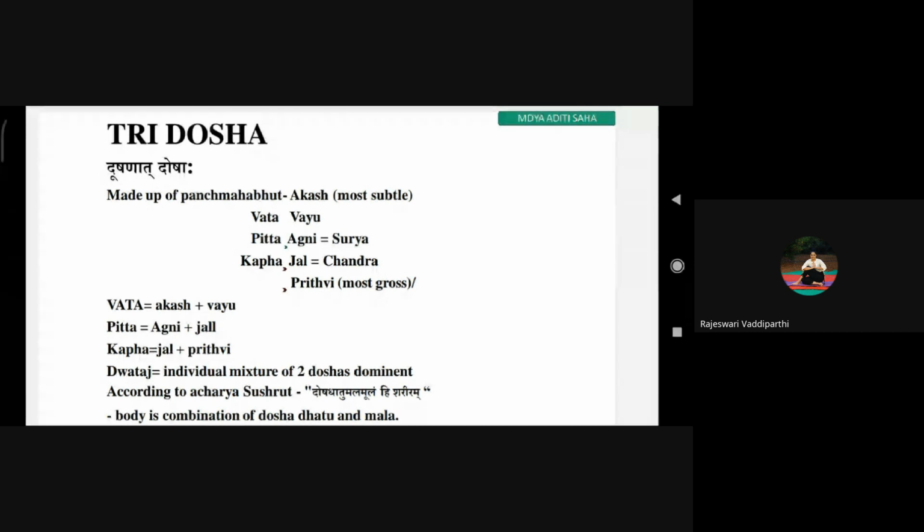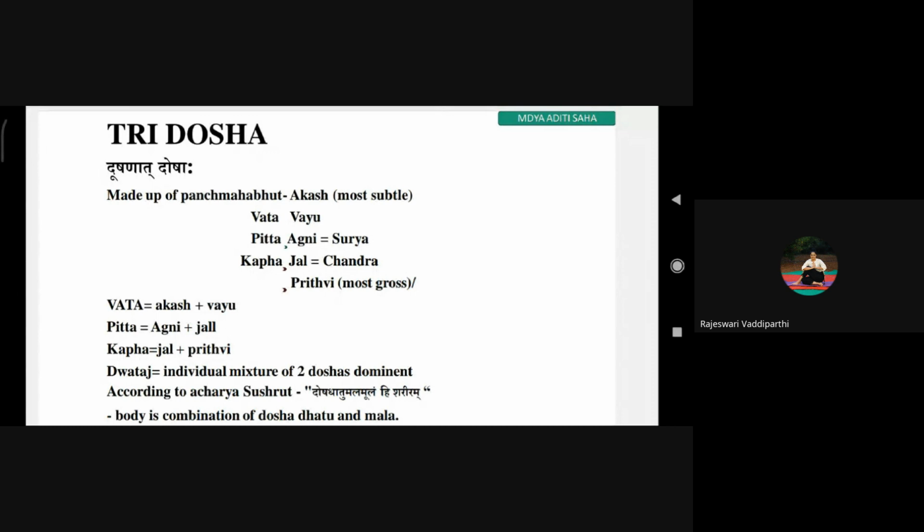And Kapha is made up of Jal and Prithvi. So Vata is Akash and Vayu, meaning space and wind. Pitta is Agni and Jal, meaning fire and water. Kapha is Jal and Prithvi, that is water and earth.